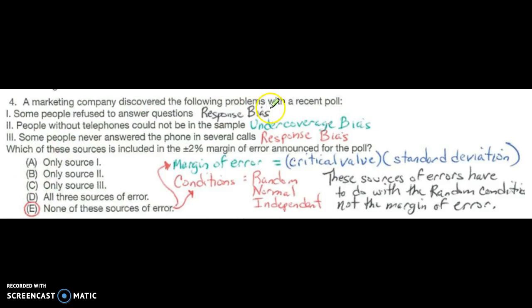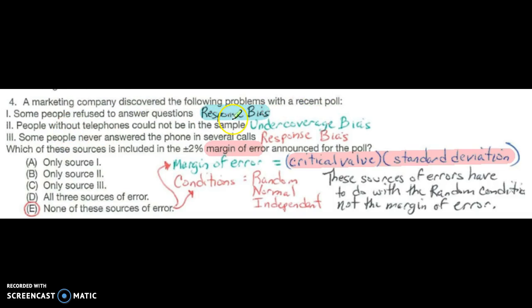Question number 4 is discussing problems with a recent poll. So my margin of error consists of my critical value and my standard deviation. So I'm going to look at my choices. The first choice is a response bias. People didn't answer the question.